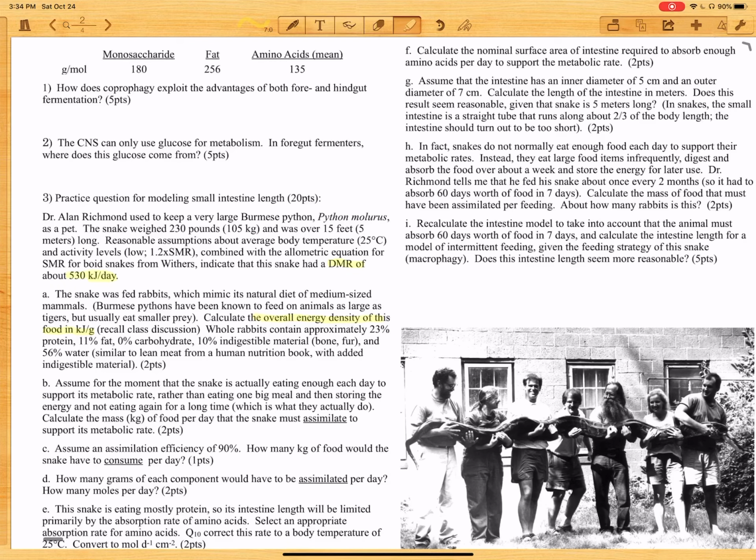And we're assuming that the nutrient composition of the food, which is rabbits, is 23% protein, 11% fat, 0 carbs, 10% indigestibles, and 56% water. These are just made up numbers, so you would actually have to look up values for your animal design. But the first part of the question is, what is the overall energy density of the food?